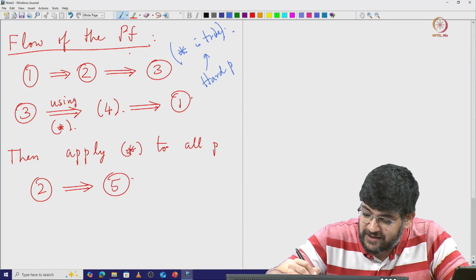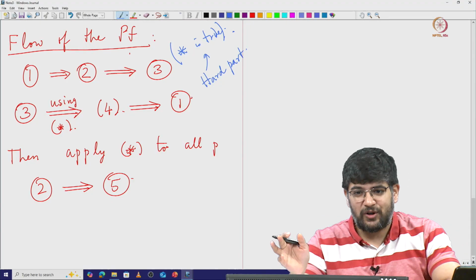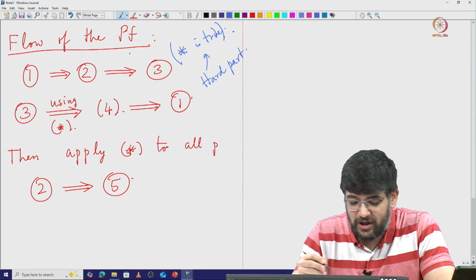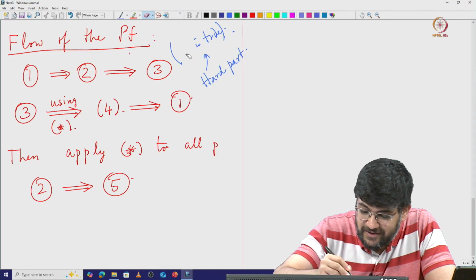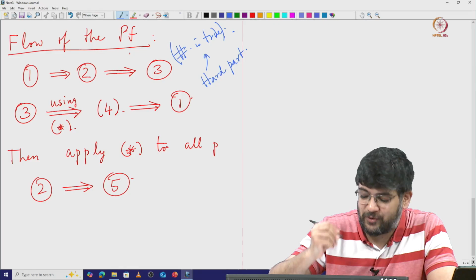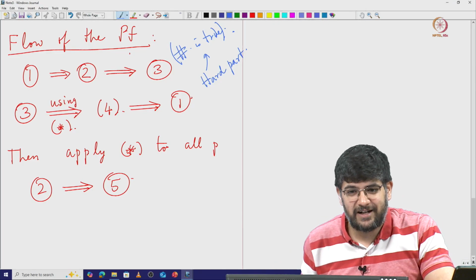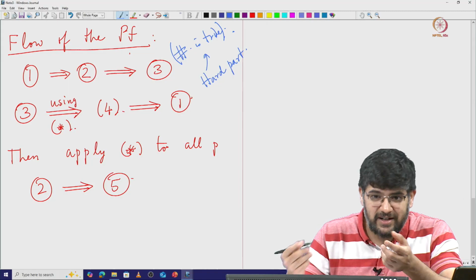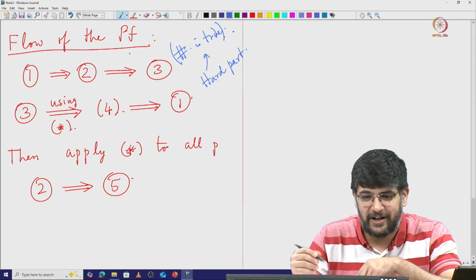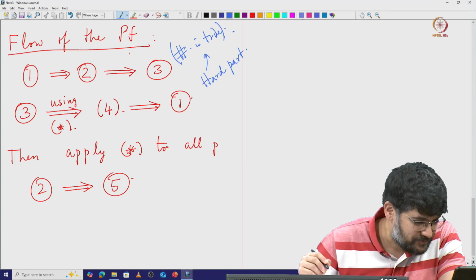I'll prove the rest of Hopf-Rinow modulo, sorry, this is not star, I am calling it hashtag. So modulo this statement hashtag, I will complete the proof of Hopf-Rinow, and then in the next lecture I will prove this statement hashtag.